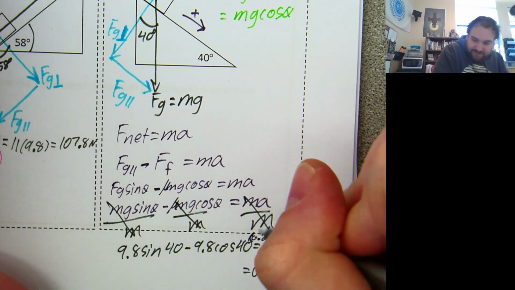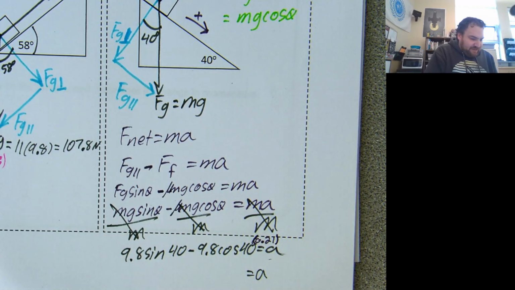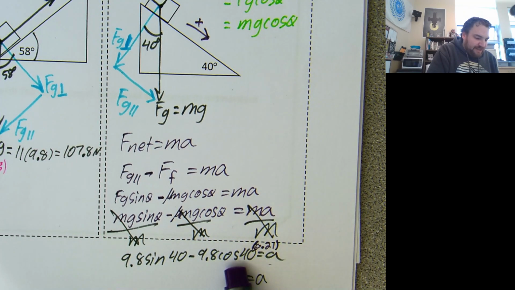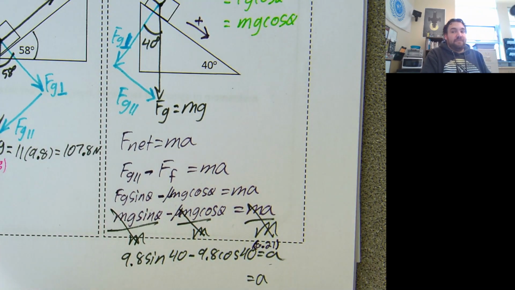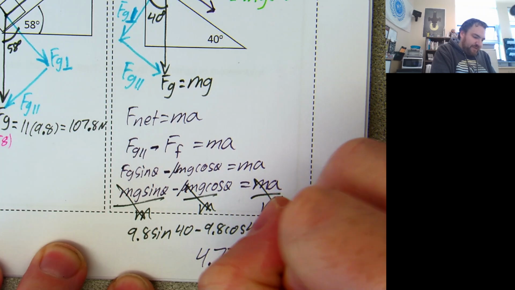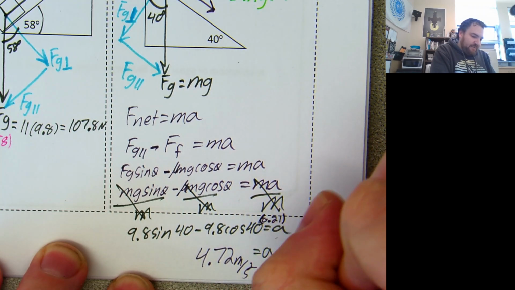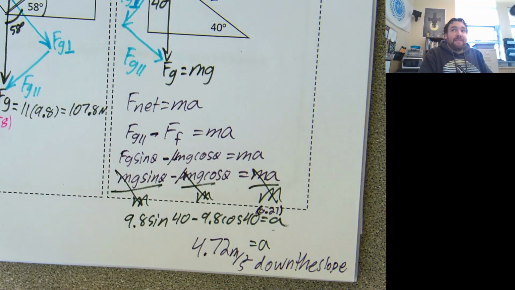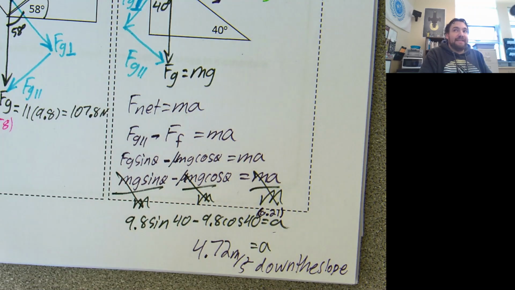So 9.8 times the sine of 40 minus 9.8 times the cosine of 40 times 0.21. 4.72 meters per second squared down the slope. There it is. Inclines. Not bad, but different.